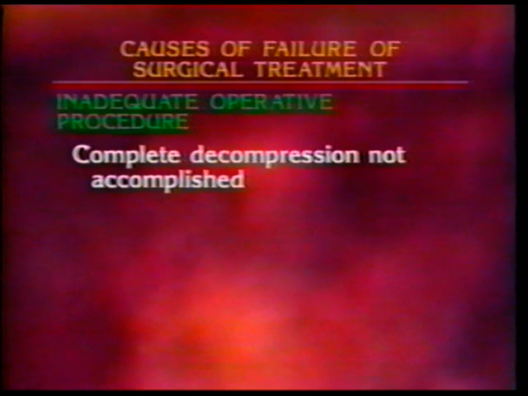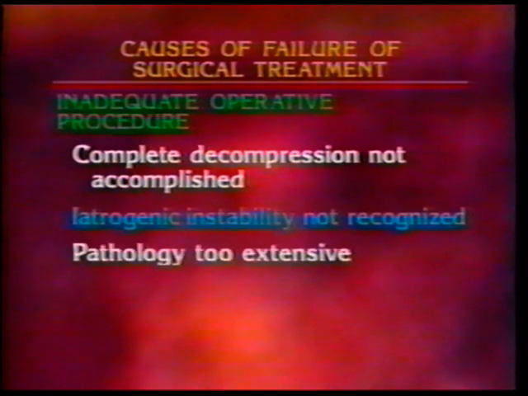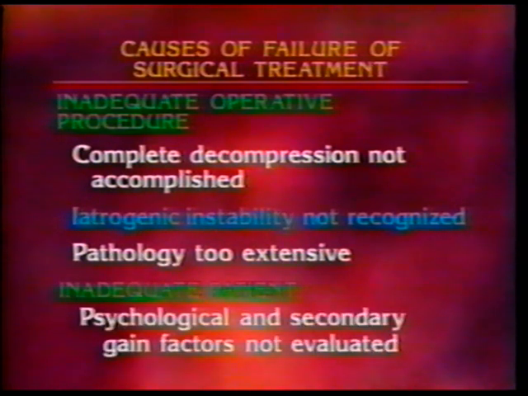Most frequently, an inadequate operation has been performed. Either complete decompression was not accomplished, or iatrogenic instability was not recognized and treated appropriately by arthrodesis, or not infrequently the pathology was too extensive for any surgical procedure. And lastly, we must remember that there are some failures based on the inadequate patient. Psychological and secondary gain factors were not properly evaluated prior to recommending an operative procedure.